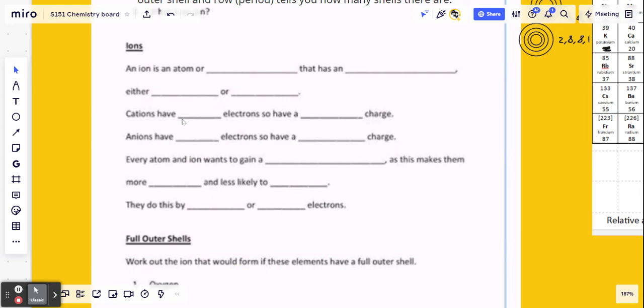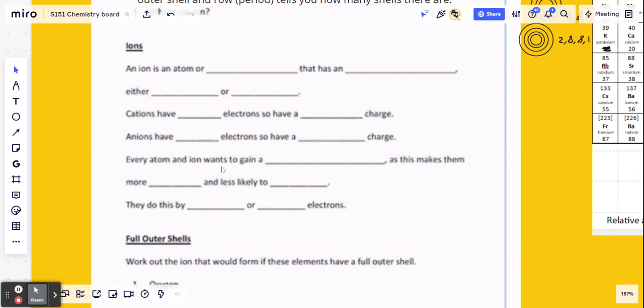And so cations have less electrons, so have a positive charge. Anions have more electrons, so have a negative charge. So anions go towards the anode because they're negatively charged, and anodes are positive. And cations go towards the cathode because cathodes are negatively charged and cations are positively charged.